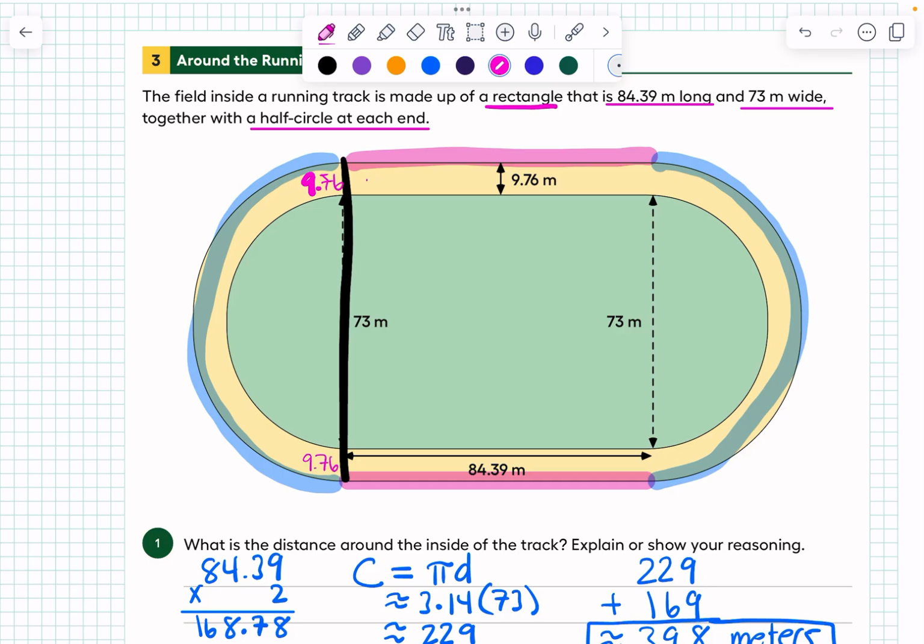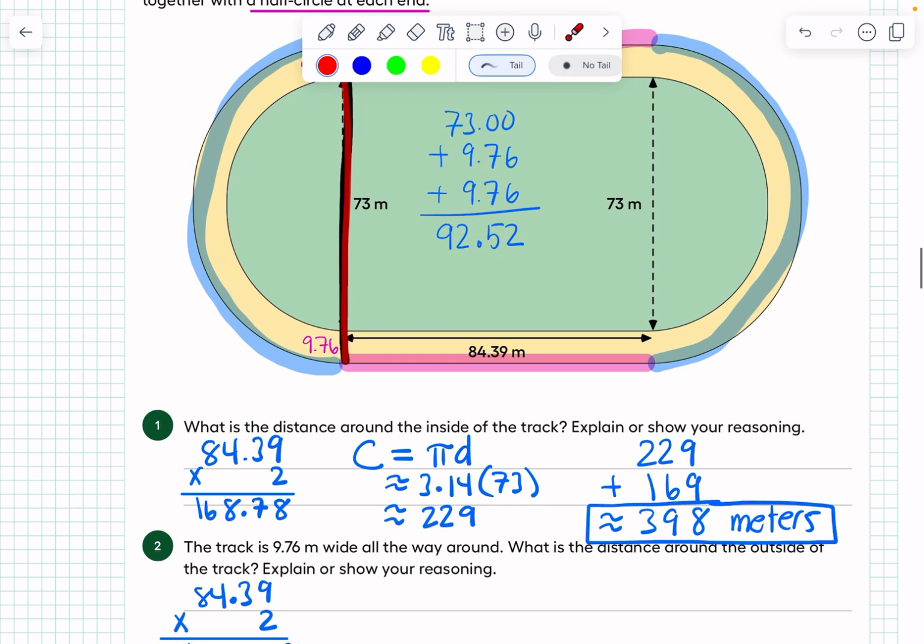So what we need to do is take 73.00 plus 9.76 plus 9.76. That'll get us the diameter of the entire circle. So when we add up all of that, we would get 92.52. That's the length of this right here that I highlighted in red.